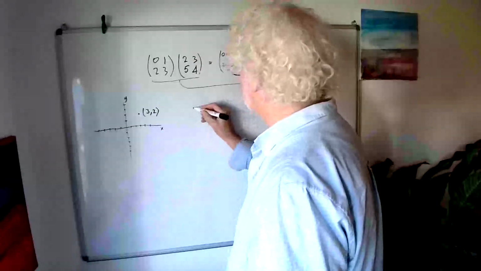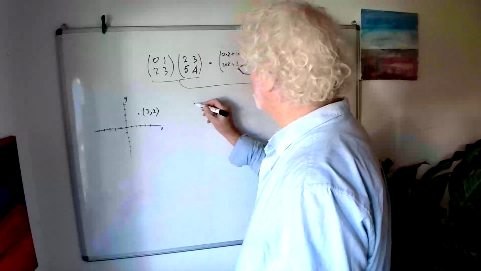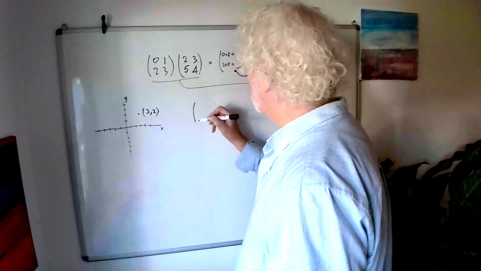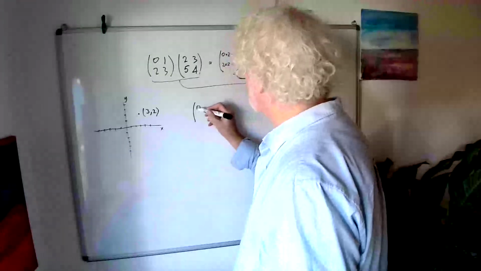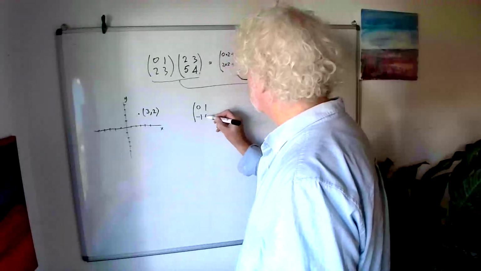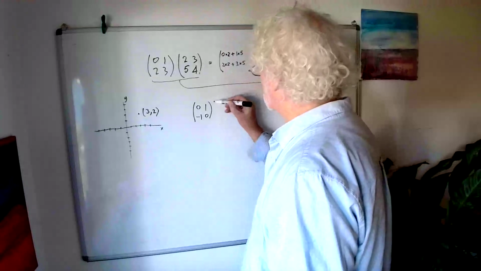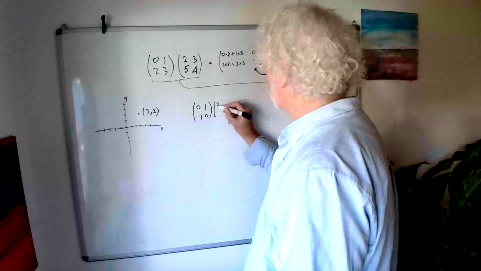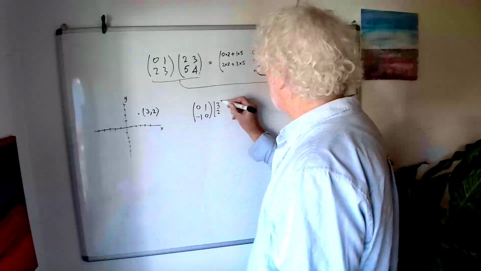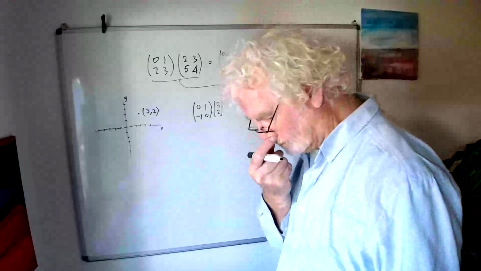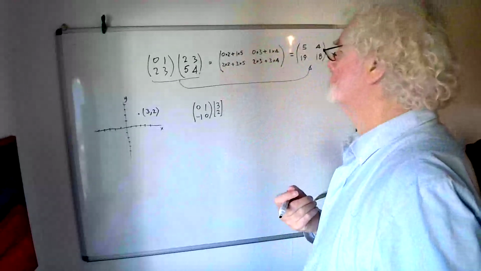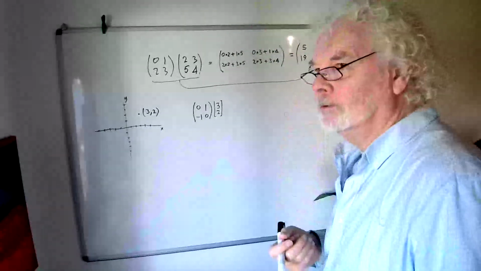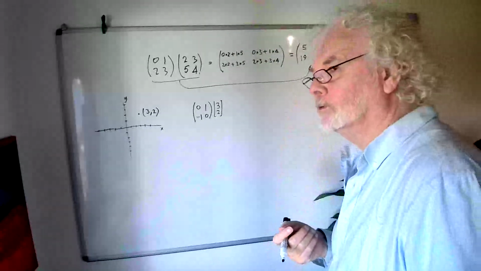So here we are. I'm going to use the matrix 0, 1, minus 1, 0. This thing I'm going to write as a column like this. I want to try and slow down a bit because this is all very fast for you, I think.